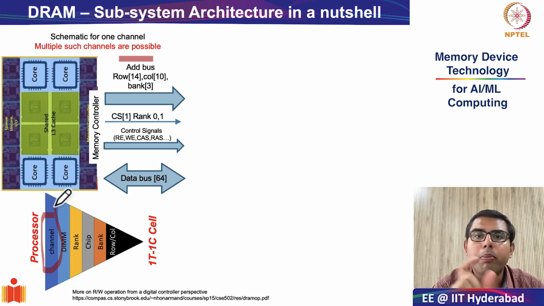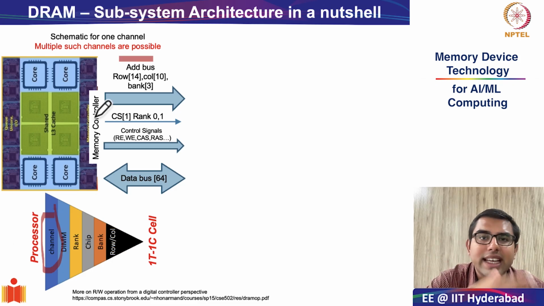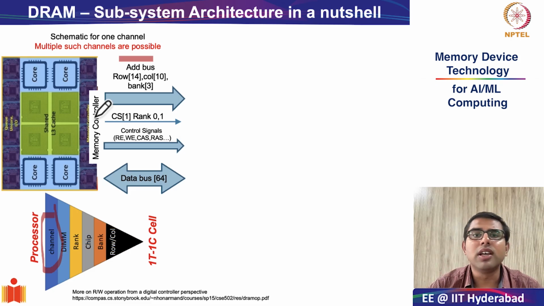I have just drawn here the signals corresponding to one channel, but you can understand that there can be a multiplication of these signals and therefore a multiplication of these channels. Multiple channels for more parallelism is definitely possible and desirable, especially for high throughput requirements.